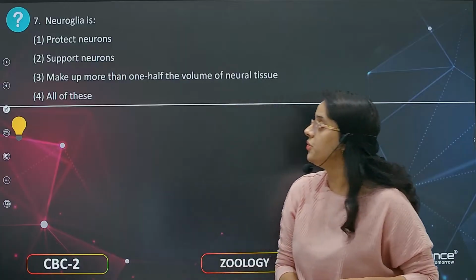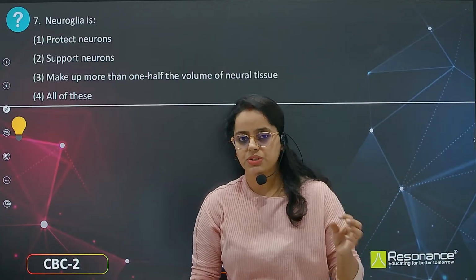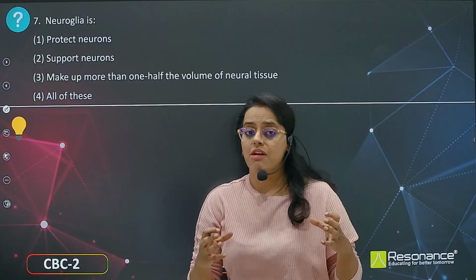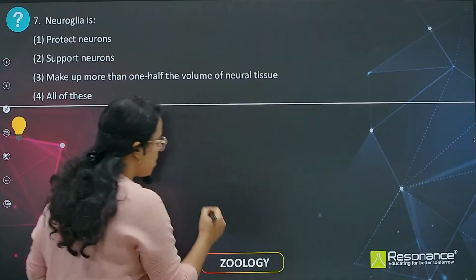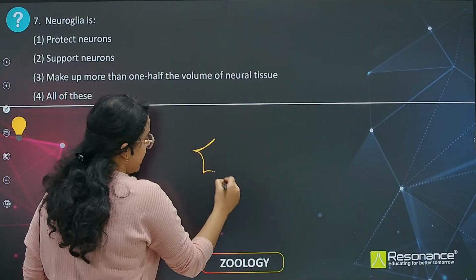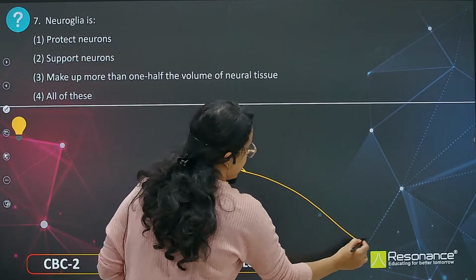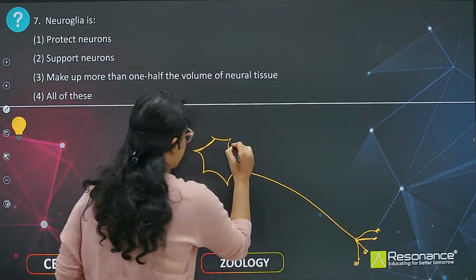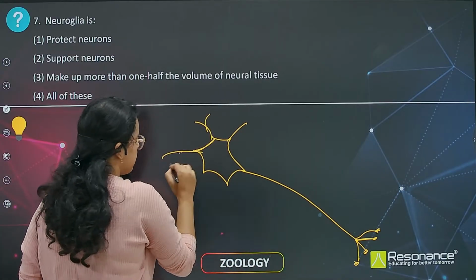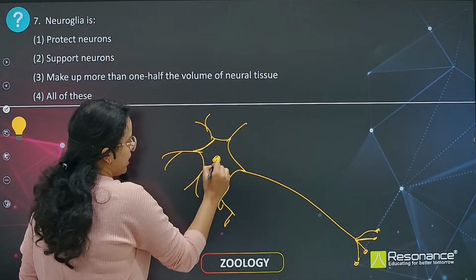Now coming to the neuroglia. We have discussed these in the nervous tissue. These are the cells that form the supportive framework for the neurons. The network of neurons is very large. These are dendrites, these are axons, axon terminals, then come the dendrites. This is the typical structure of a neuron, with the cell body.